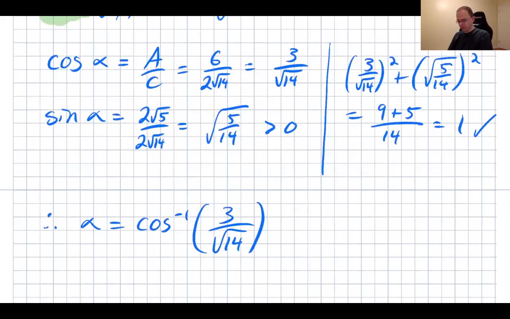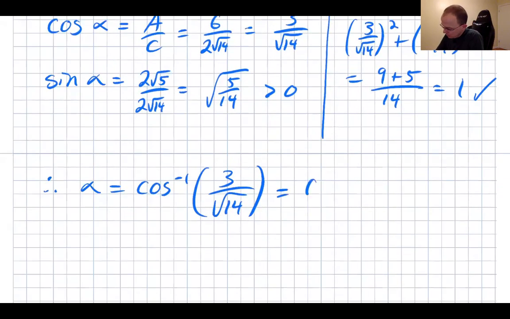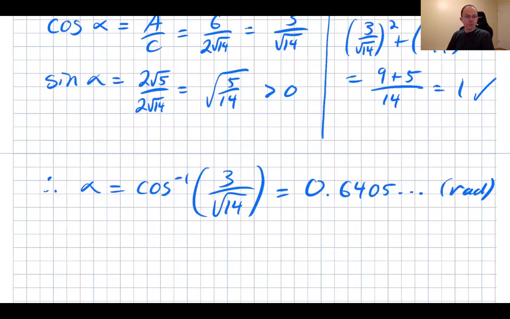Inverse cos of 3 divided by the square root of 14, and that is 0.64, I don't know, like 0.5 and so on, radians. And just in case you're wondering, what is that in degrees? It's about 36.7 degrees.